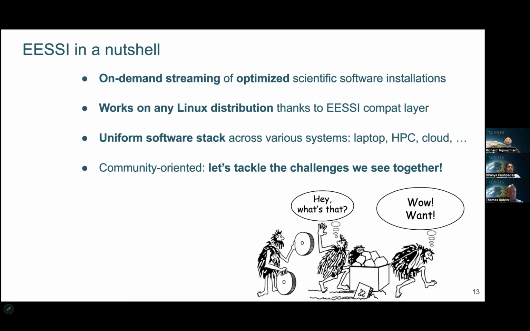EESSI works on any Linux distribution thanks to the compat layer. It offers a uniform software stack across various systems: laptops, HPC, cloud. And again, it is community-oriented, so challenges are tackled together rather than each HPC support team tackling its own.